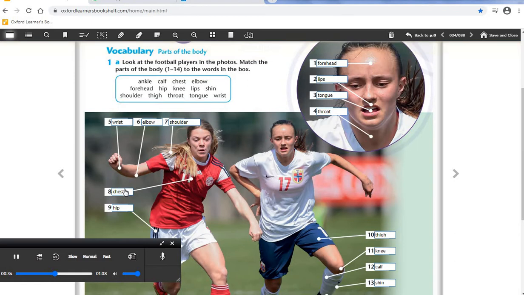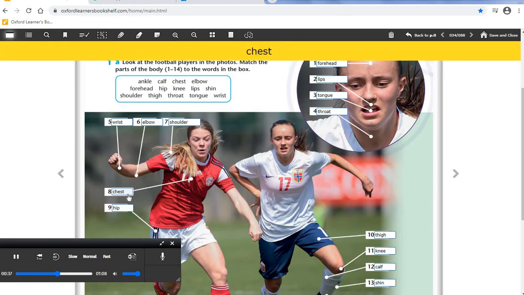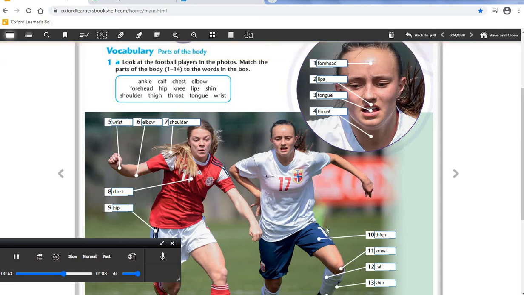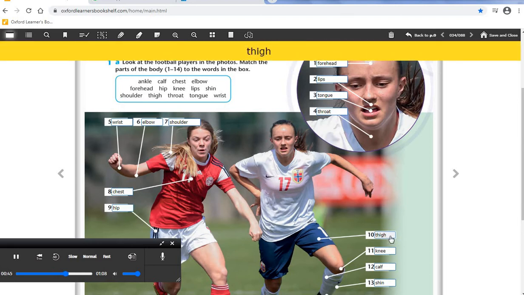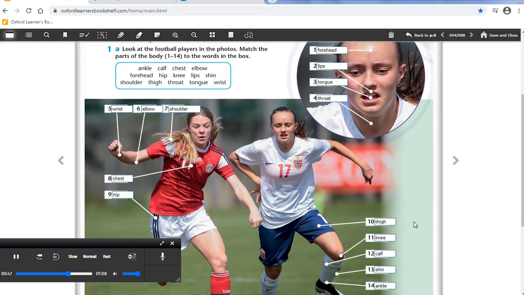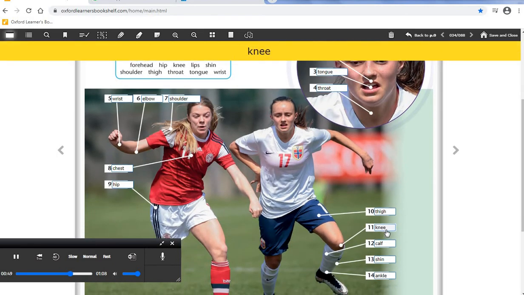Shoulder. 8. Chest. 9. Hip. 10. Thigh. 11. Knee. 12. Calf. 13. Shin. 14. Ankle.